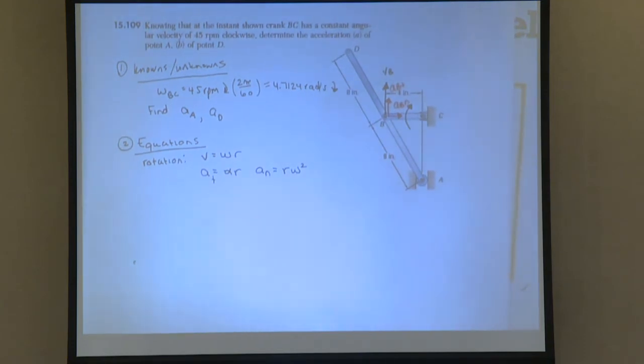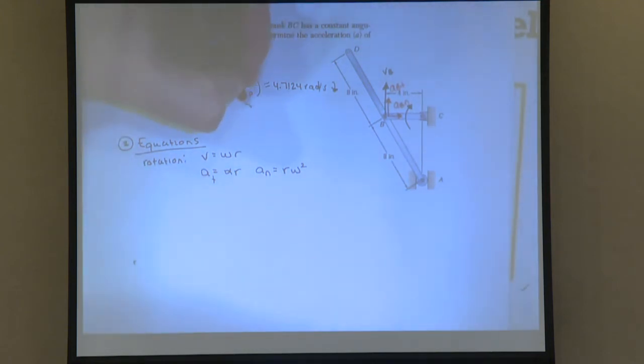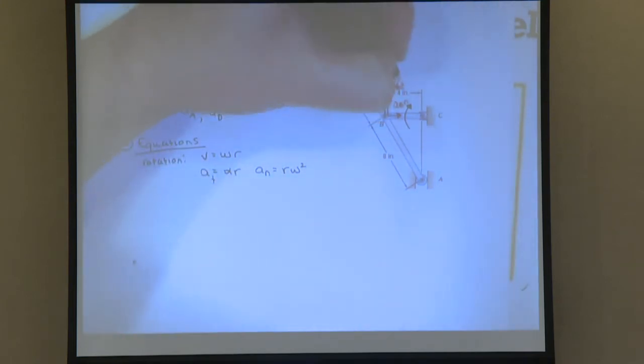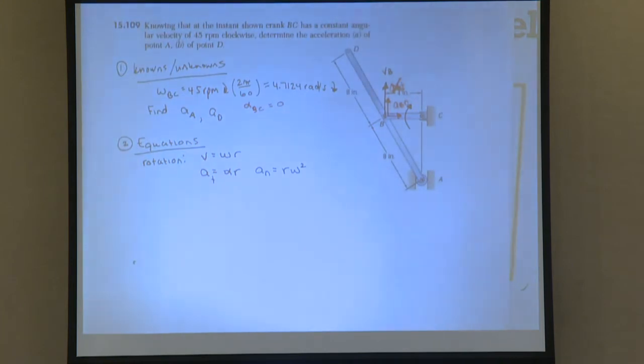But it says that we have a constant angular velocity of 45. So what does that mean about alpha? Very good. So alpha BC is 0. So that means that my tangential component for B is 0. So we just have the normal component, and then we have the velocity of the point.